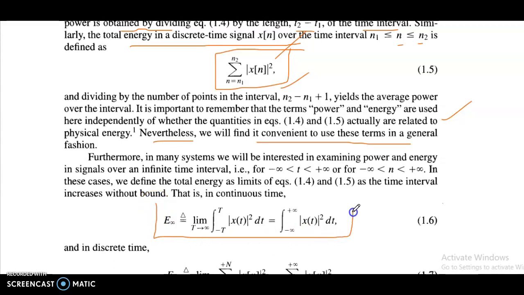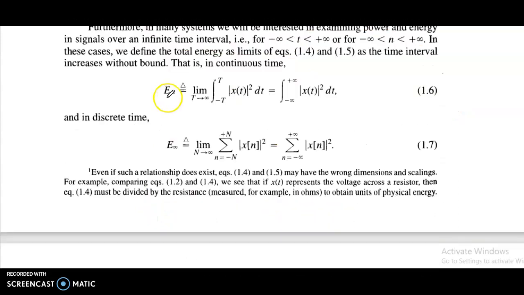E infinity, here E infinity is equivalent to, by definition, the limit as T tends to infinity of the integral from minus T to plus T of the magnitude of x of t squared dt, which equals the integral from minus infinity to plus infinity of the magnitude of x of t squared dt.